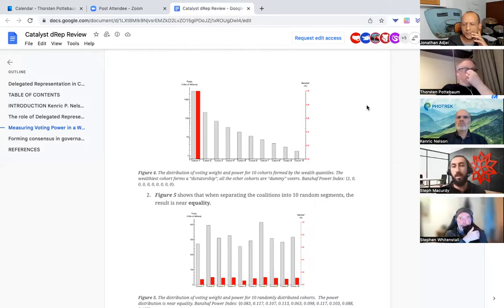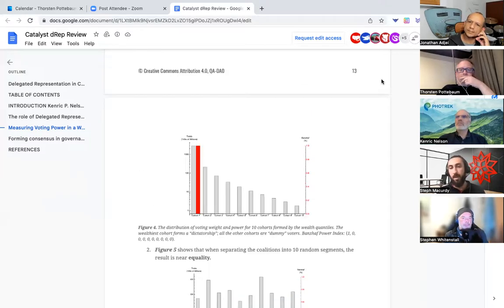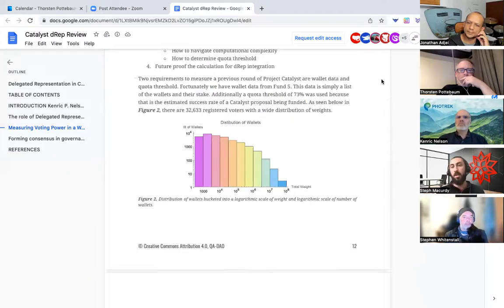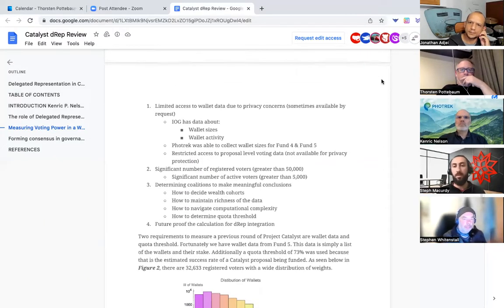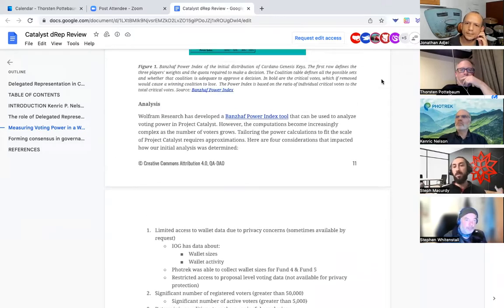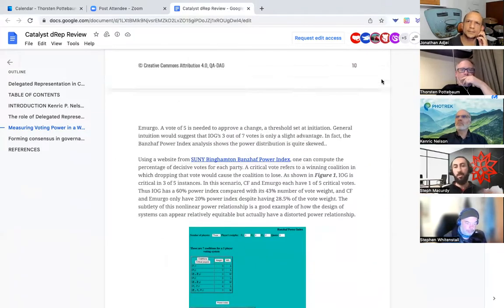If there are only 3 entities, let's use a familiar example: IOG, Cardano Foundation, and Emurgo. If you have 3 entities, you can have a total of 7 subsets, so 7 ways to arrange those.